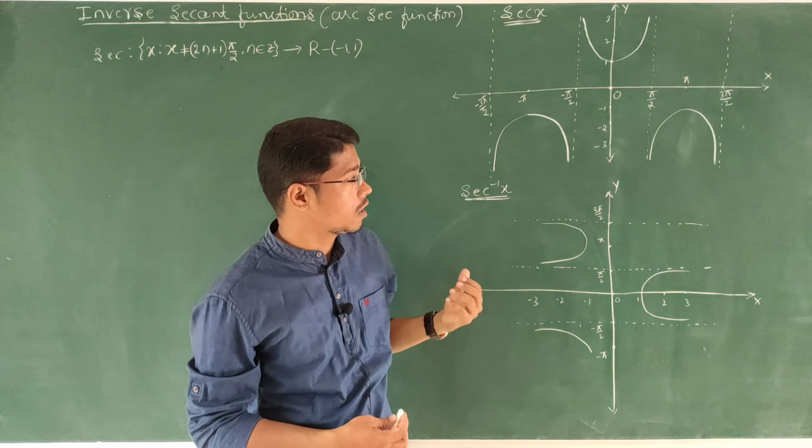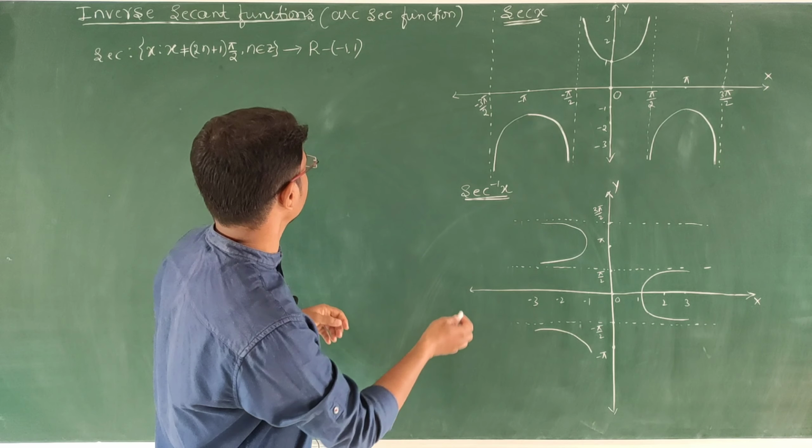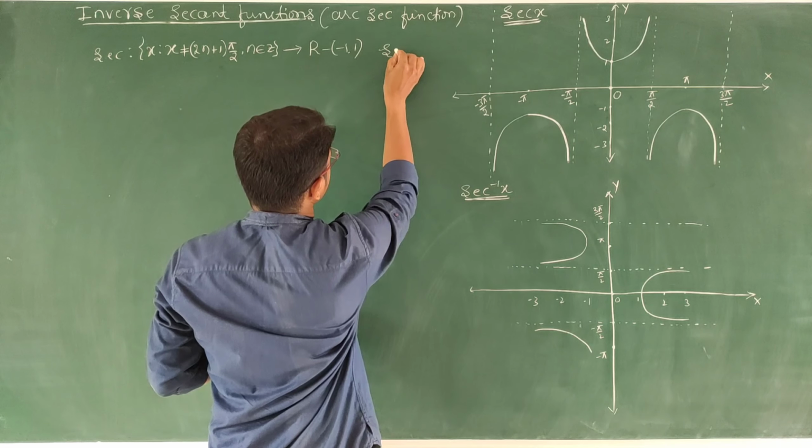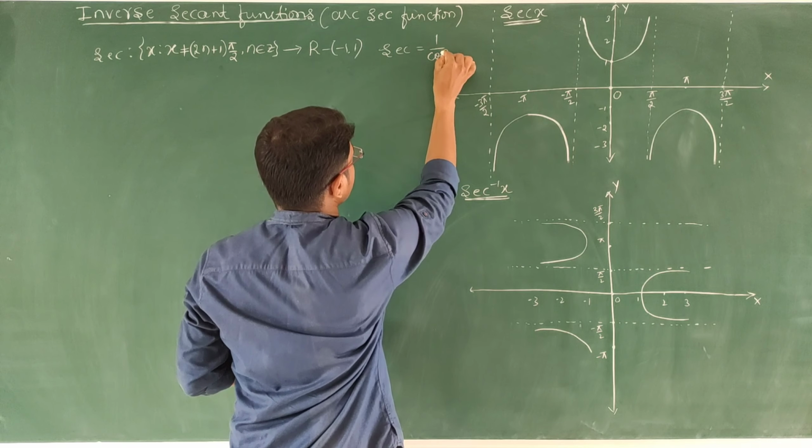Okay, so then how do we make it invertible? See now, sec is equal to 1 by cos. We know this already.